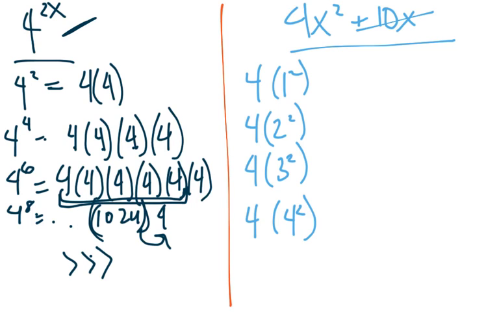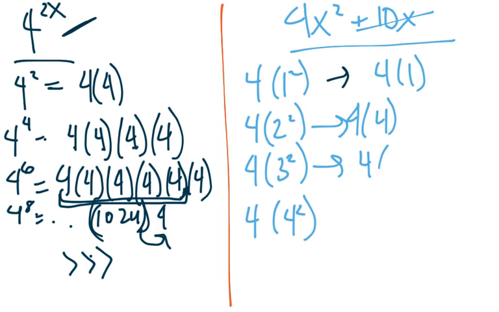Whereas in the quadratic equation, we have 4x squared, so we got 4 times 1 squared, 4 times 2 squared, 4 times 3 squared, 4 times 4 squared, which is the same as 4 times 1, 4 times 4, 4 times 9, and 4 times 16, so on and so forth.